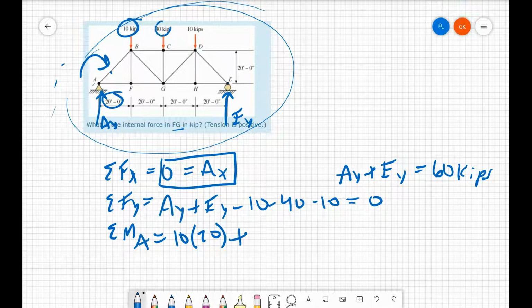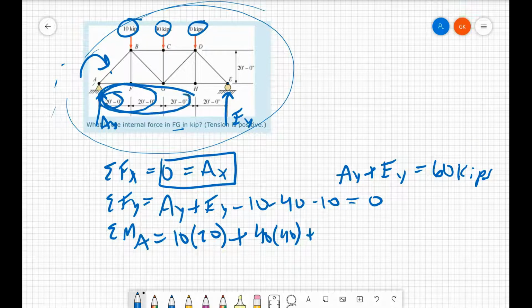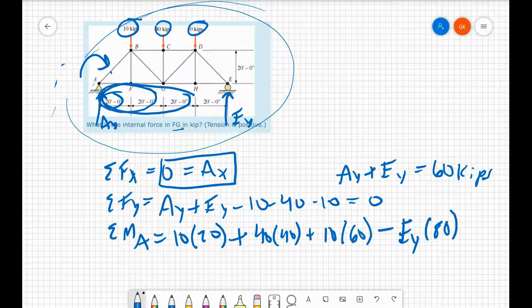Plus 40 kips times 40. Plus 10 kips times 60. And that's going to be minus EY times 80, and that's going to equal 0.